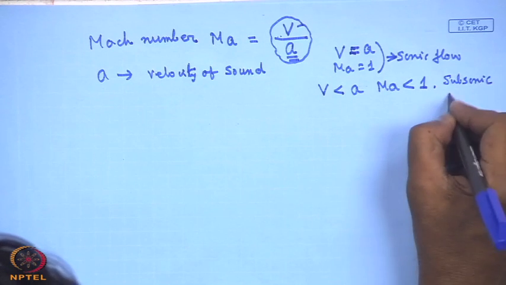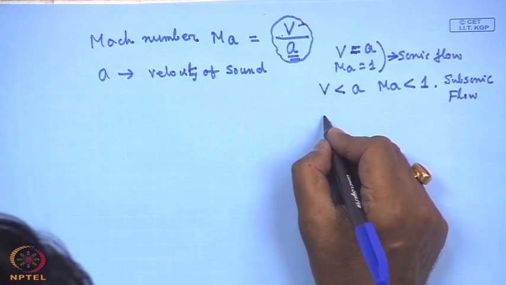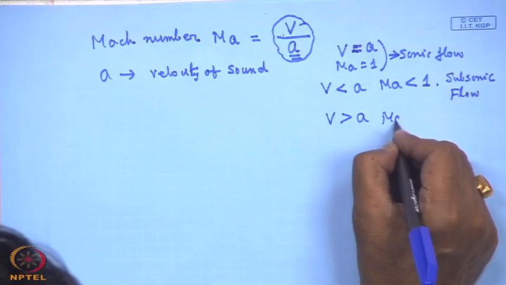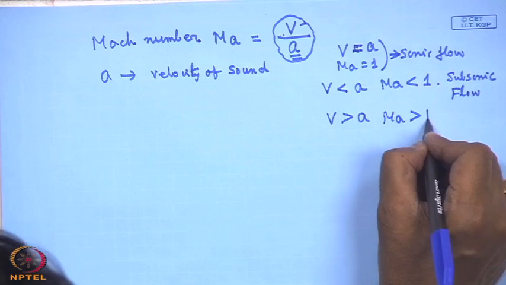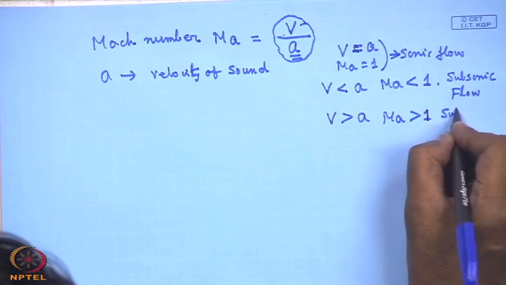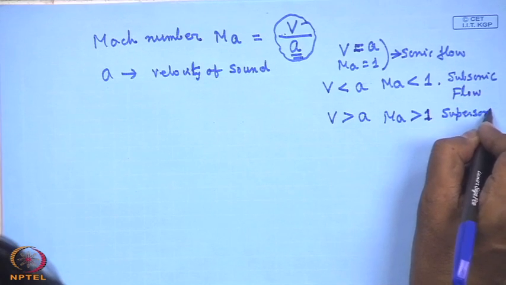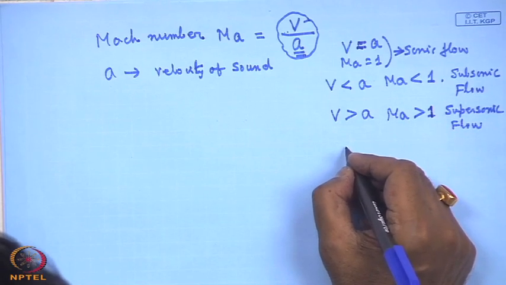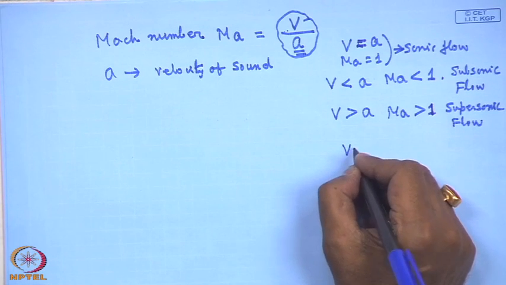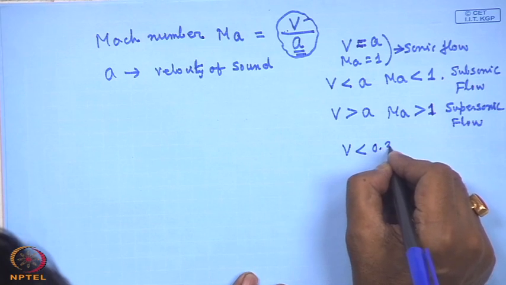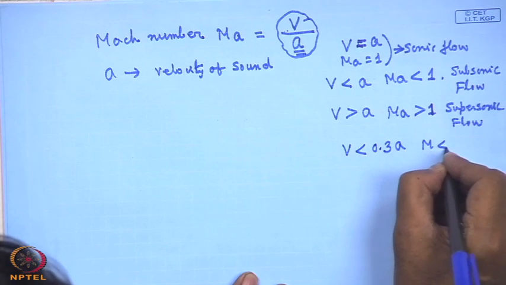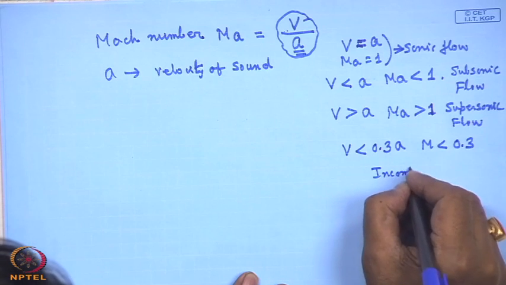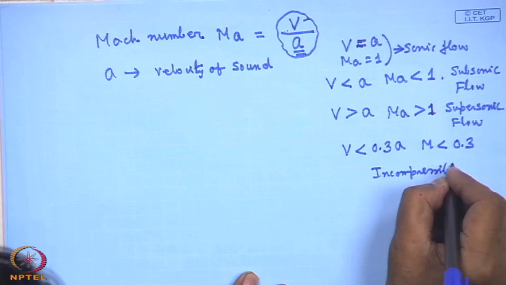This will be discussed afterwards. Just an introduction I am giving you so that you can understand things. When this is greater than A, that is Mach number greater than 1, it is known, in the broad classification, as supersonic flow. And there is a regime in the subsonic flow when V is less than roughly 0.3 A, or Mach number is less than 0.3, then the flow may be treated as incompressible flow.